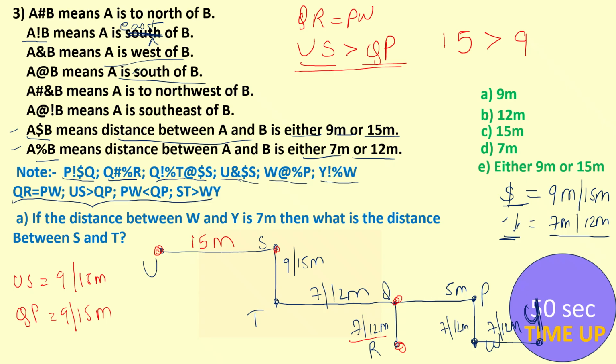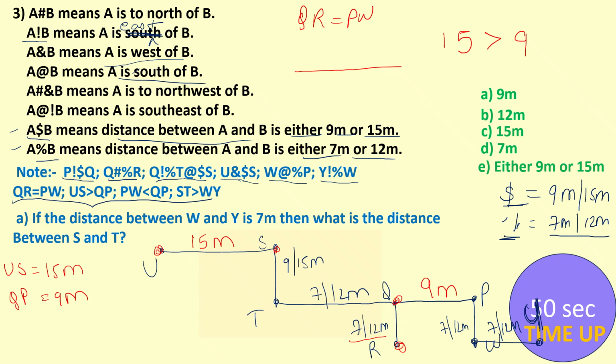So from this condition you got this. This is 9 meter. Go to the next condition. So your US is 15 meter and your QP you got as 9 meter.